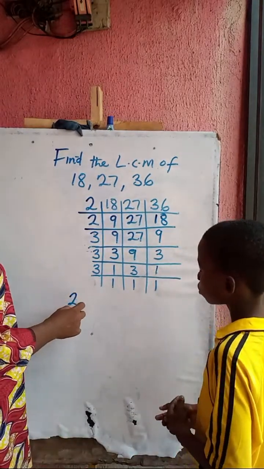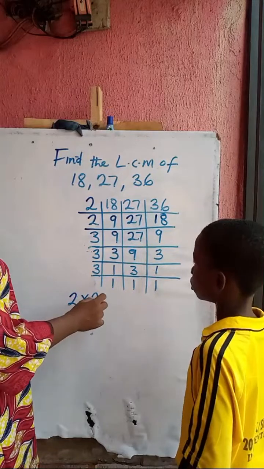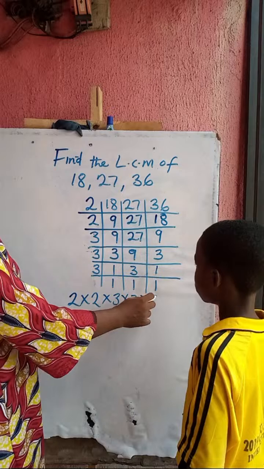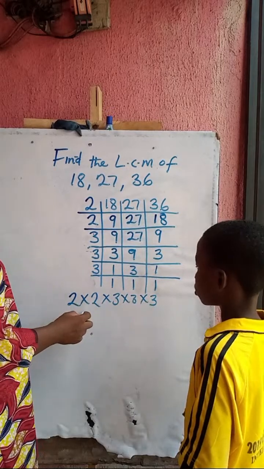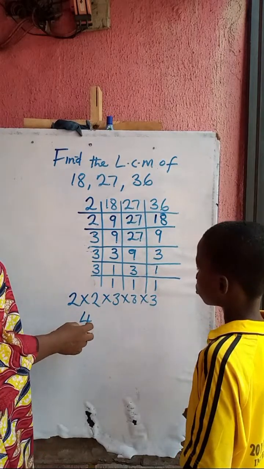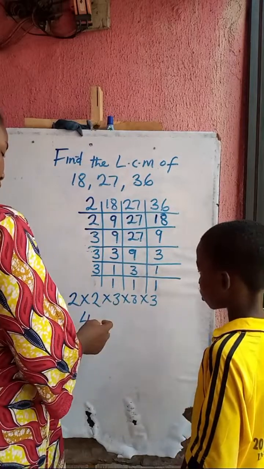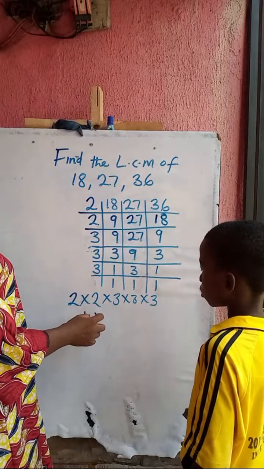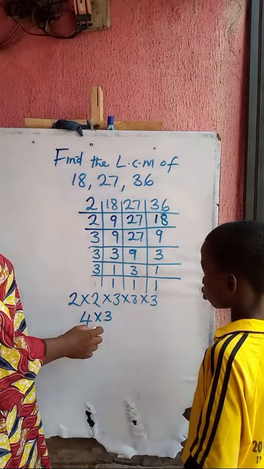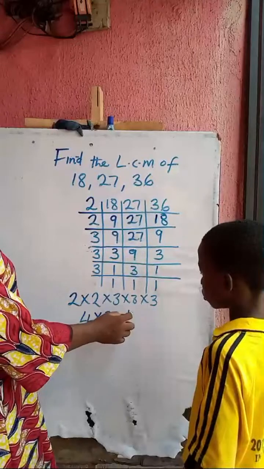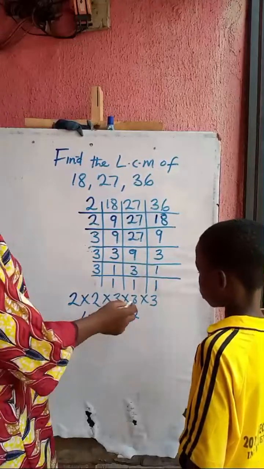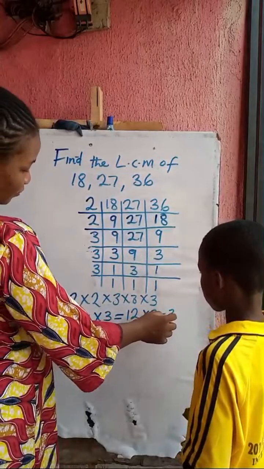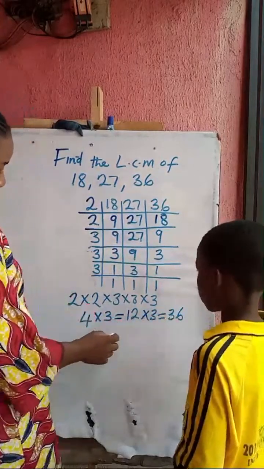Let's bring them out. 2 times 2 times 3 times 3 times 3. So 2 times 2 will give us 4. 4 times 3 is 12. 12 times 3 will give us 36.